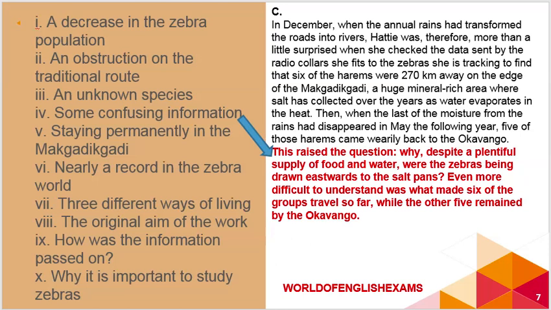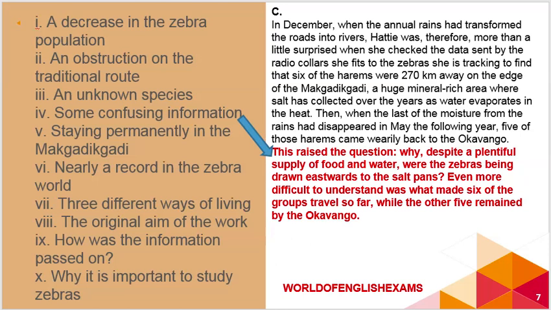She found that 6 of the 11 harems were 270 kilometers away on the edge of Maggadkadi, which is a huge mineral rich area. Just because you have found the keyword Maggadkadi, I don't want you to mark the title as the 5th one, because we did not get any inference for permanently they are staying. We did not get any relevance to that, did we? No.